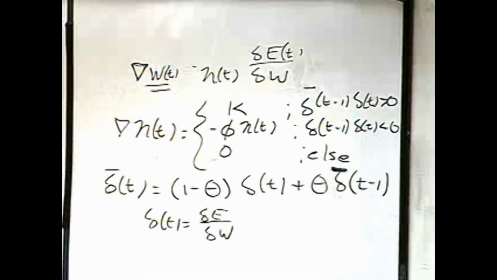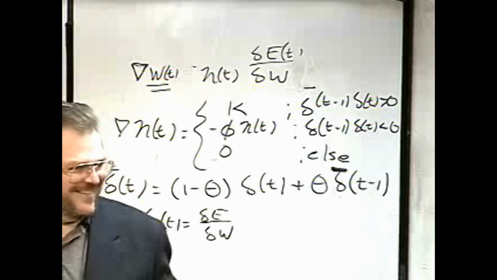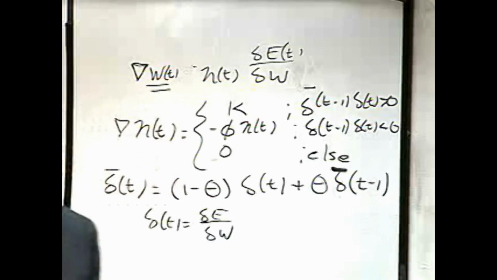Okay, let's take a look at this and kind of demystify it a bit. Kappa and phi are kind of step sizes for the step size, right? In other words, you have to decide how much you want to increase or decrease the step size, and you do that by the choice of kappa and phi.